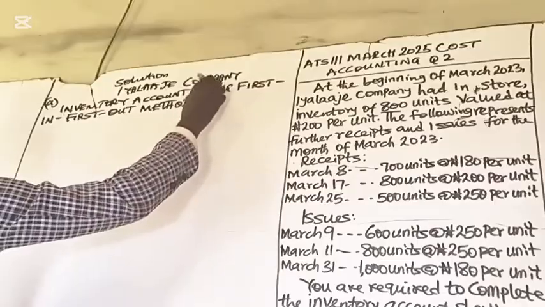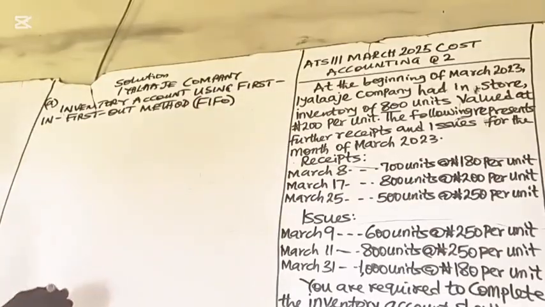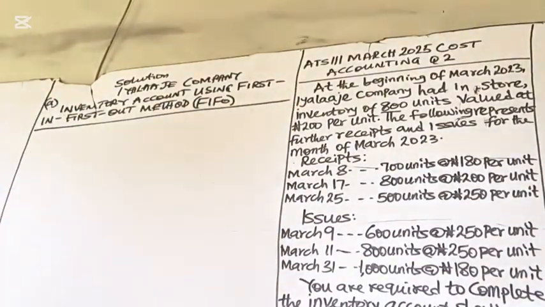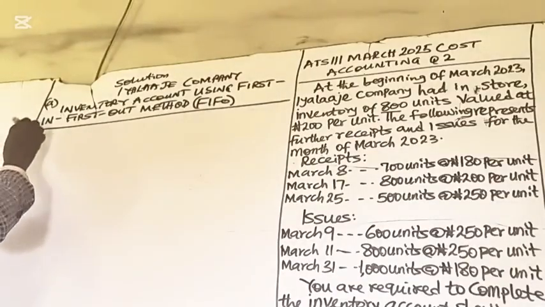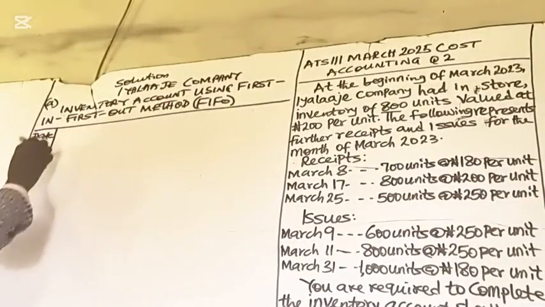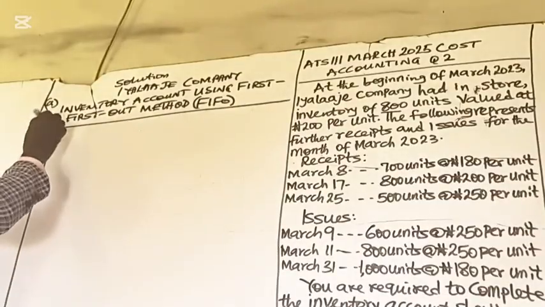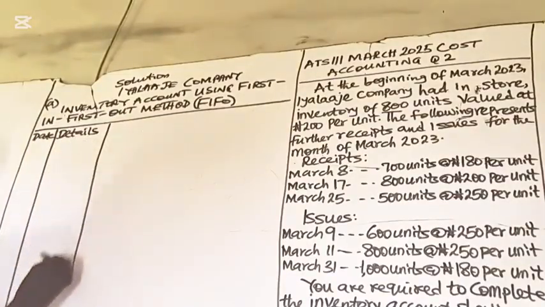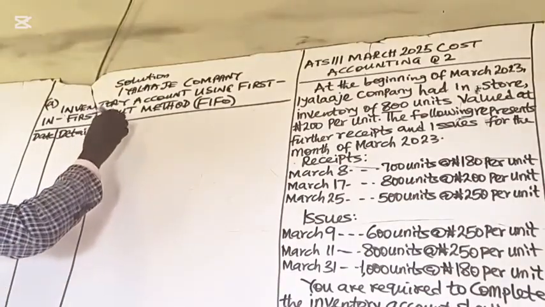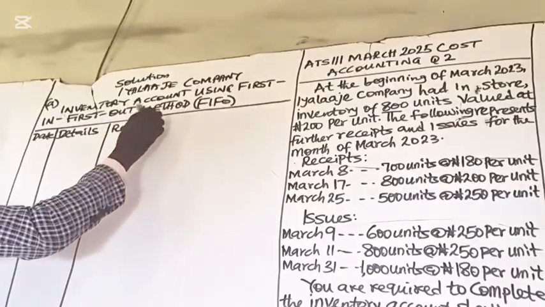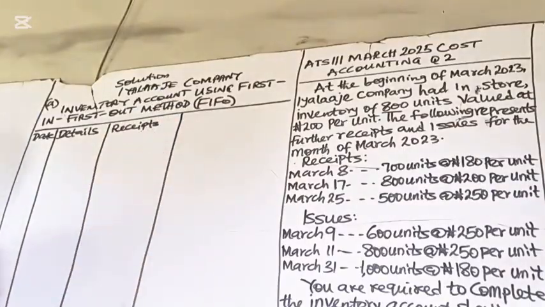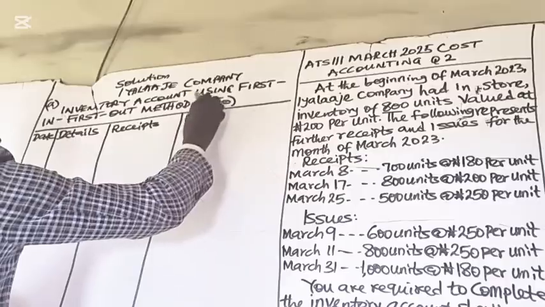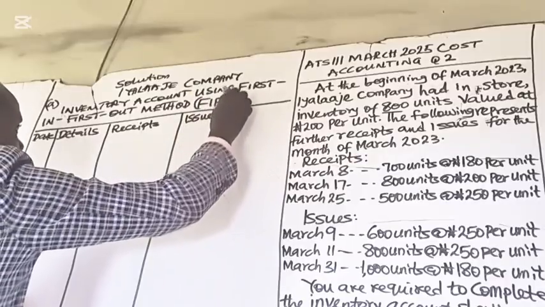Using the FIFO method. The second method requires you to use the LIFO method. I've told you that you will need to have a column for date, particulars or details, then a column for receipts, a column for issues, and a third column for balance.